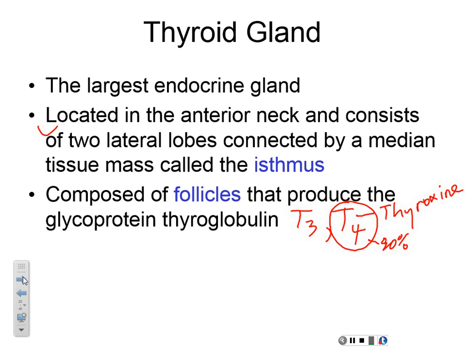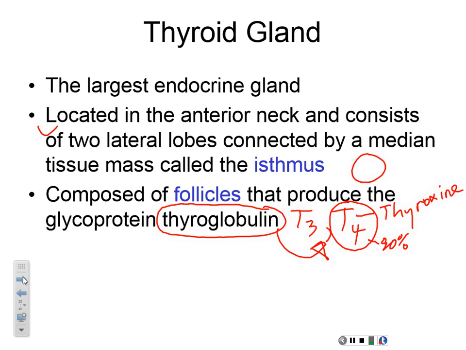Triiodothyronine. Because these are lipid soluble, they are contained in these follicles, which are big globular shaped parts of the thyroid. In it, it will contain this protein called thyroglobulin, right? And it will associate with these guys. Why is that? I just told you the qualities of these two guys.